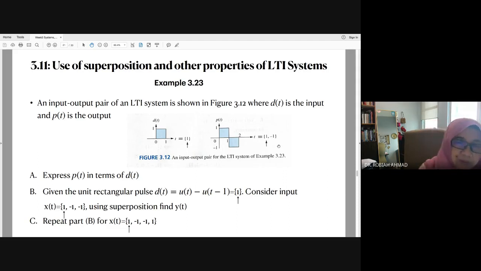Okay, this is example 3.23 in our textbooks, Navi. So we have an input-output pair of any LTI system shown in figure 3.12. So if this is the impulse input and this is the output lah. So dalam ni dia letak dt and pt. Okay, the input-output pair for the LTI system.